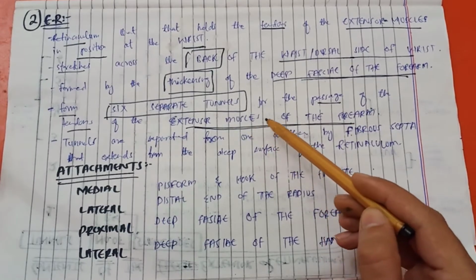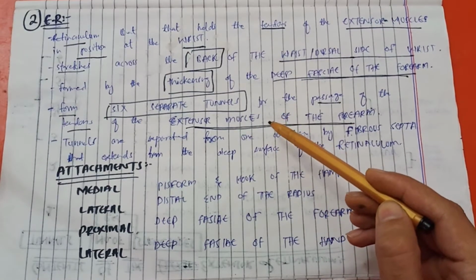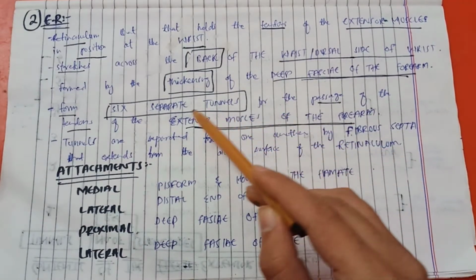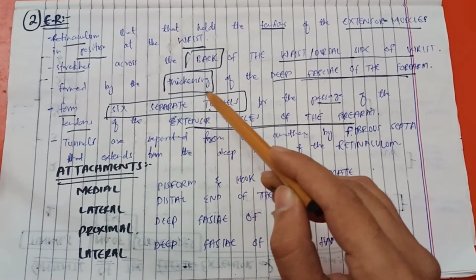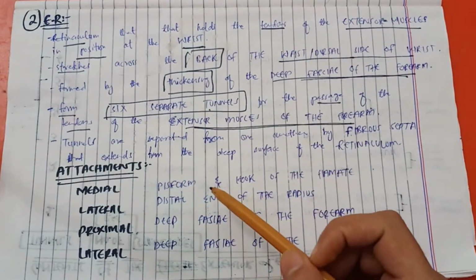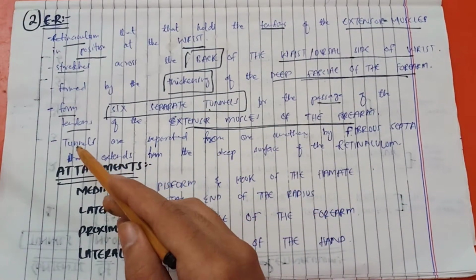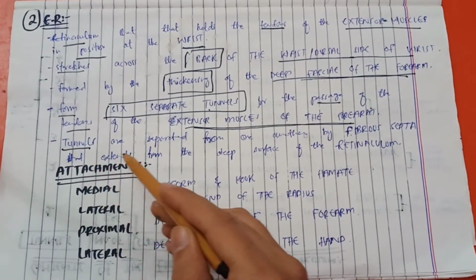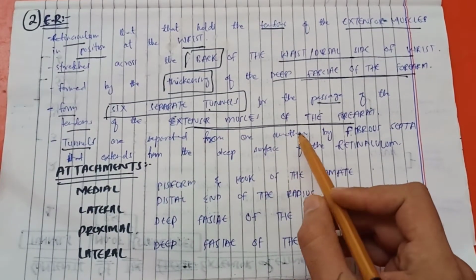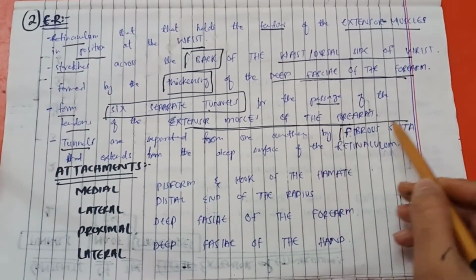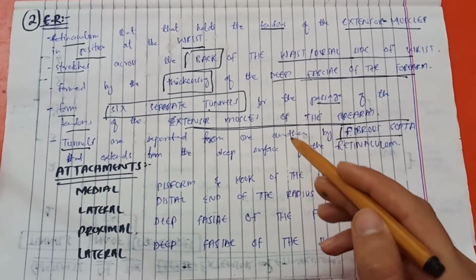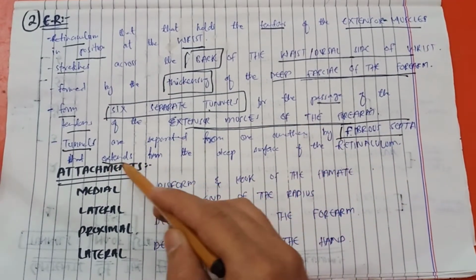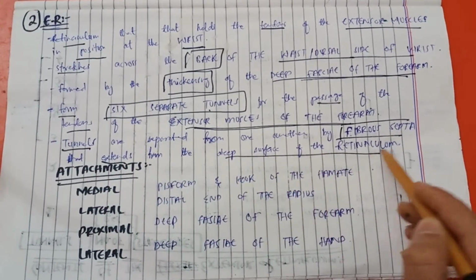The tendons pass from the forearm to the hand through these 6 separate tunnels, which are formed by the extensor retinaculum. These 6 tunnels are separated from one another by the fibrous septa, which extend from the deep surface of the retinaculum.